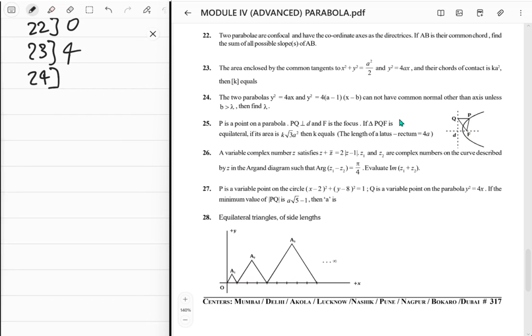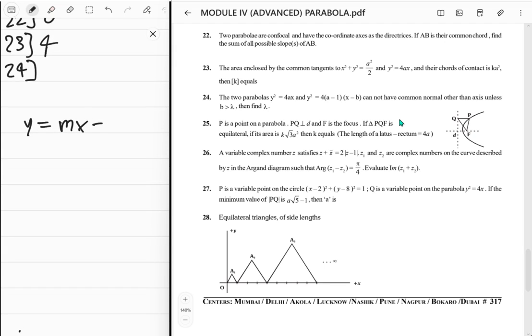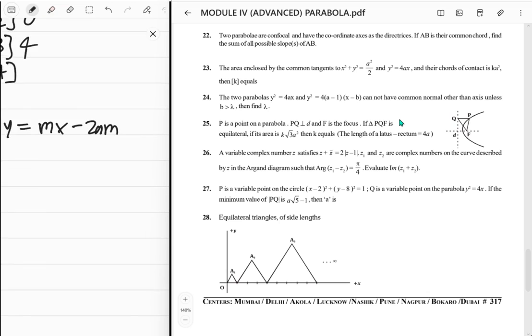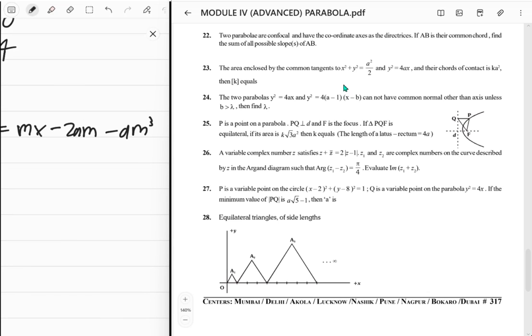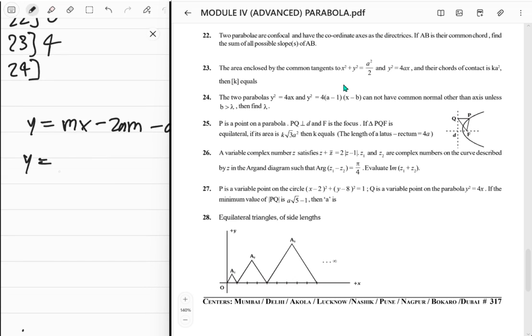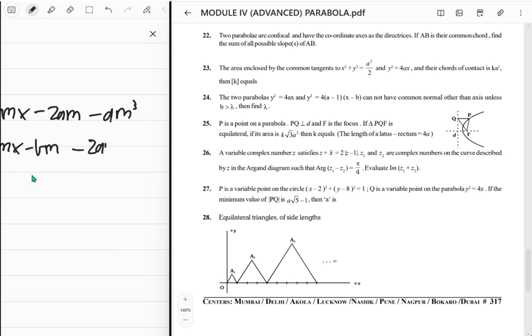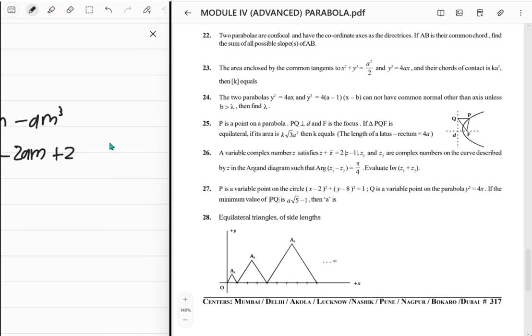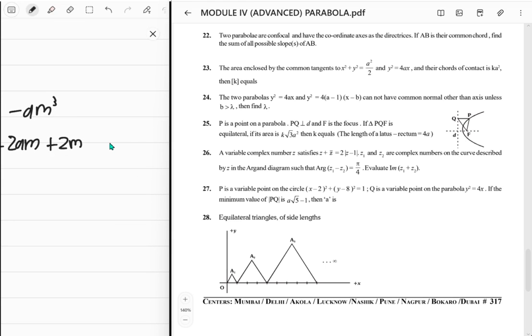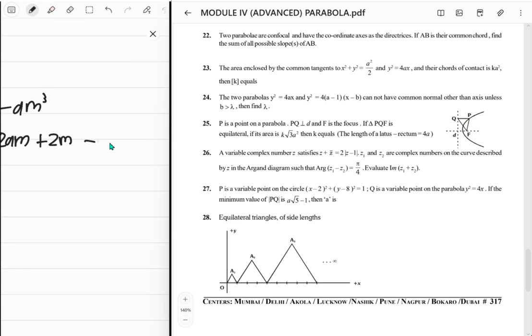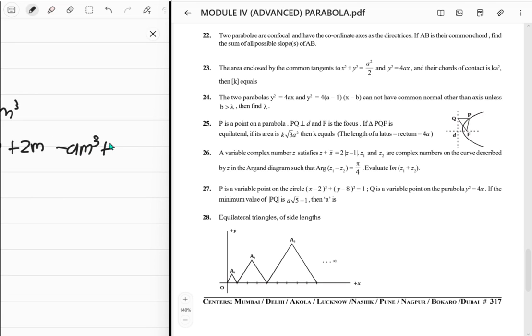The first normal is just y equals mx minus 2am minus am³. The second one is the same, except that we have a minus 1 replacing a and x minus b replacing x. So mx minus bm minus 2 times (a minus 1)m, so minus 2am, and then minus 1 times minus 1 is plus, so plus 2m. Minus am³, once again with a replaced by a minus 1, so minus am³ and plus m³.